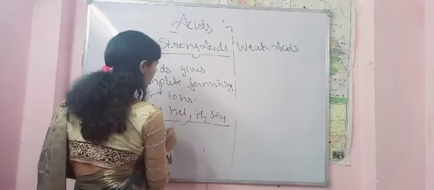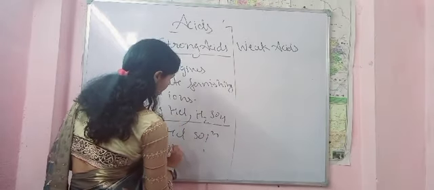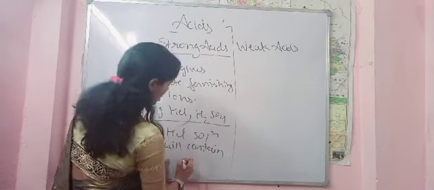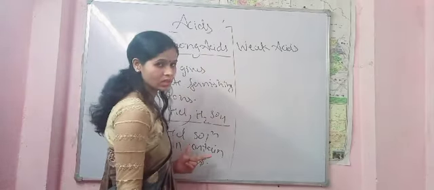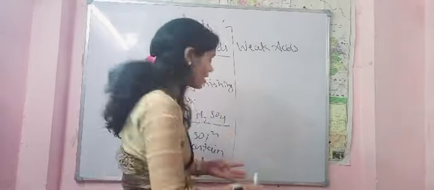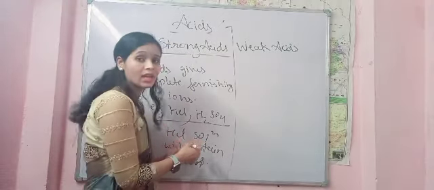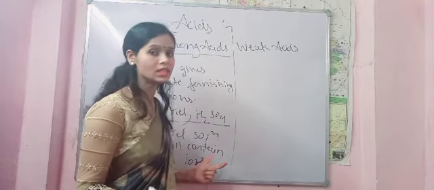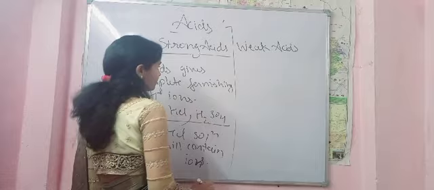So the HCl solution will contain ions only. They will not contain molecules because they have completely furnished the H plus ions. So the solution of such strong acids contains ions only, not molecules.